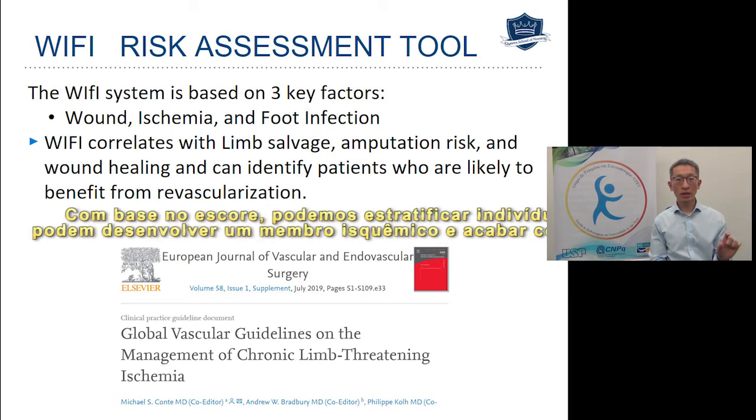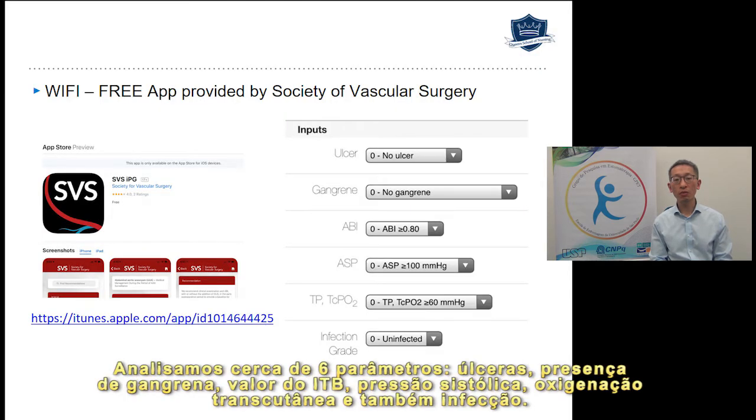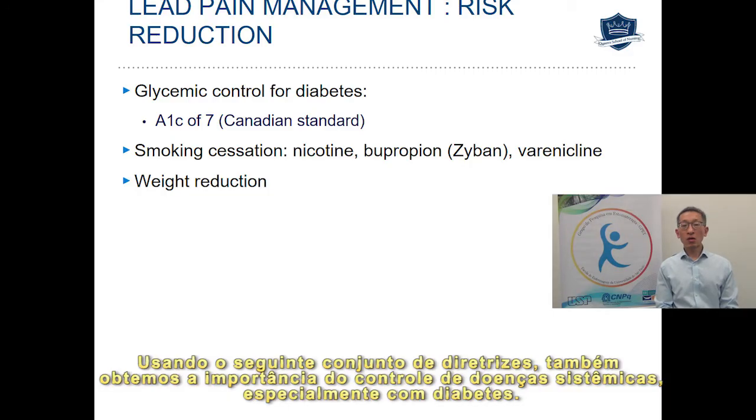Based on the scoring, we can stratify at-risk individuals who may develop an ischemic limb and may end up with amputation. We look at about 6 parameters: the ulcers, the presence of gangrene, the ABI value, the systolic pressure, the transcutaneous oxygenation, and also infection.